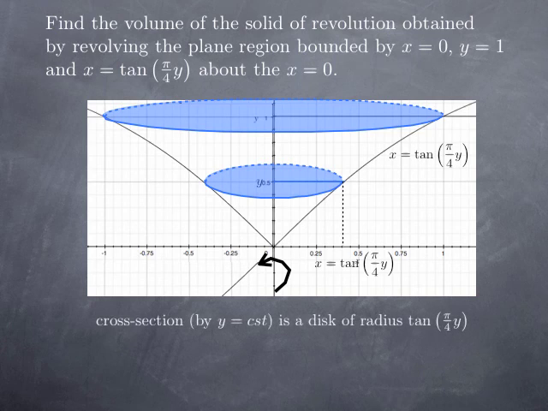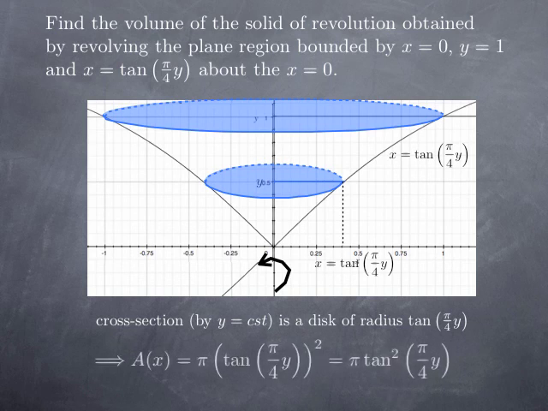In other words, a cross-section by a plane y equals constant is a disk of radius tangent of pi over 4 y. The area of that disk is pi multiplied by the square of that radius. Therefore, we get pi tangent squared of pi over 4 y.